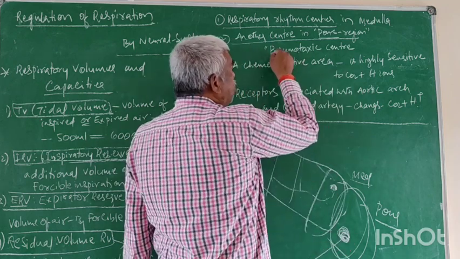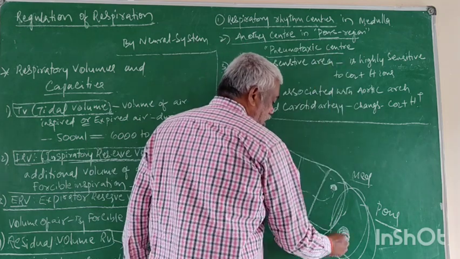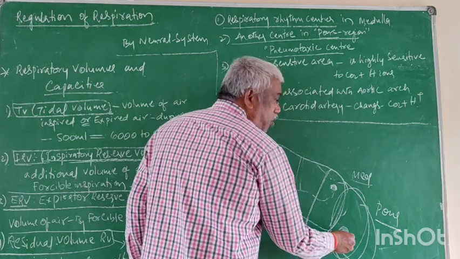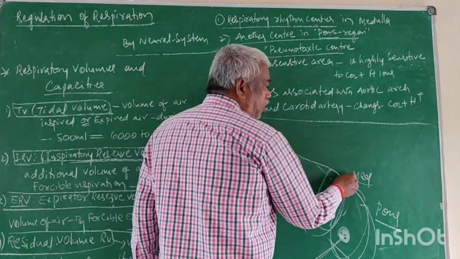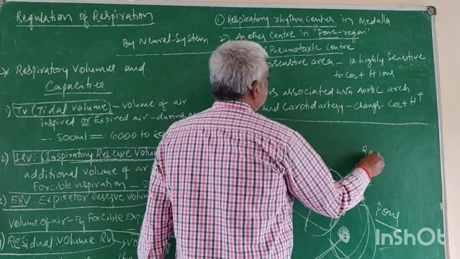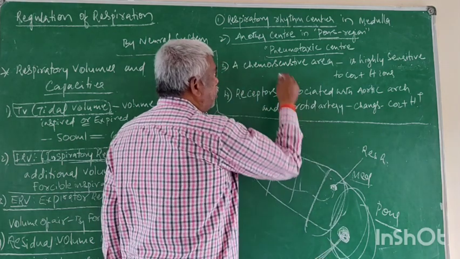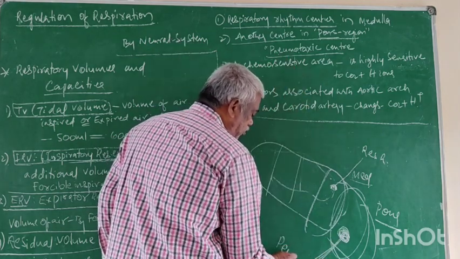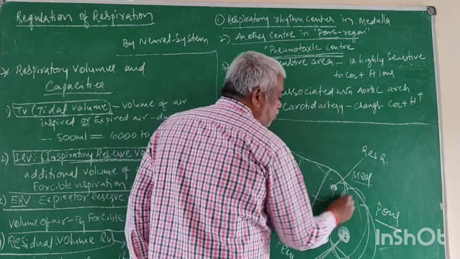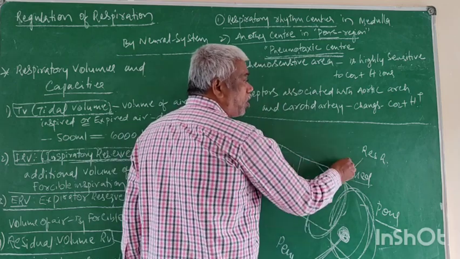This center is called the pneumotaxic center. The point in the medulla is the respiratory rhythm center, and this other point is called the pneumotaxic center. The pneumotaxic center is present in the pons. The respiratory rhythm center is present in the medulla.